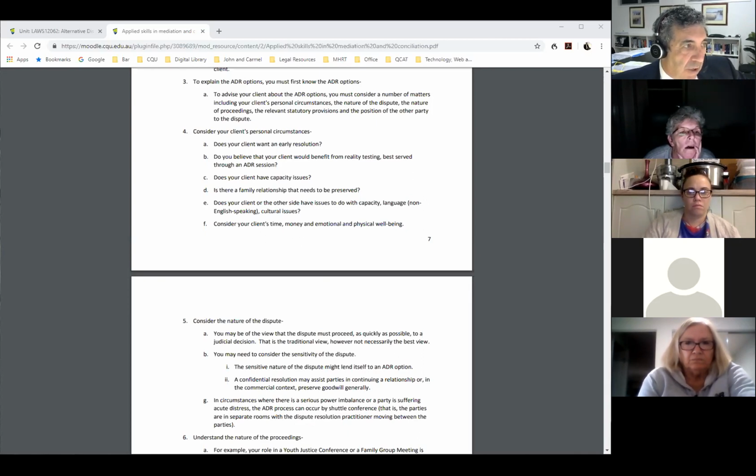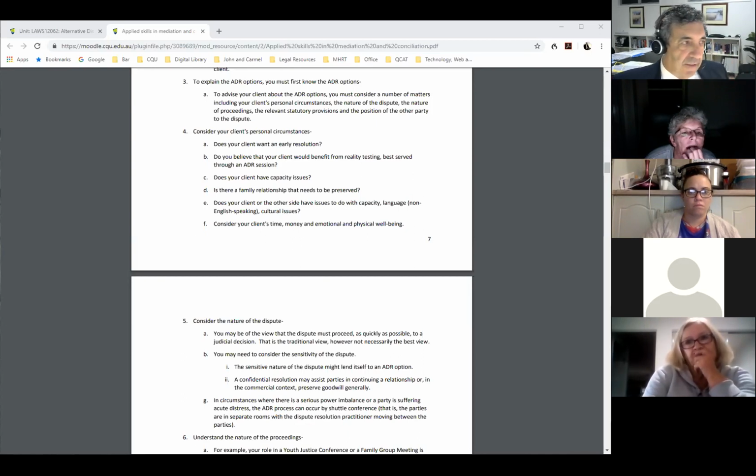Next, are there family relationships that need to be preserved? If, for example, you're involved in a dispute or providing advice to a grandmother who is concerned that her grandson has failed to repay the $20,000 that she lent to him 3 years ago, the question is, would your advice be different in that situation than if you were advising a supplier of goods who had an unpaid debt of $20,000 in relation to those goods?